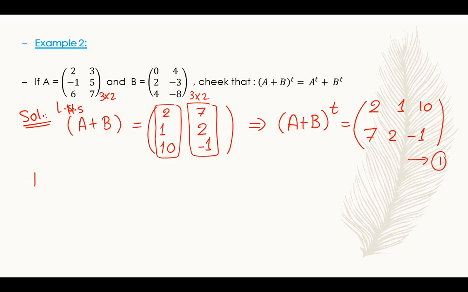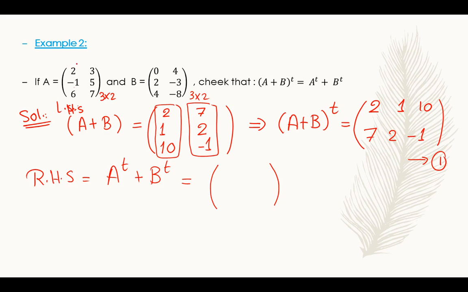Right hand side equals A transpose plus B transpose. So here we want to find A transpose, the transpose of the matrix A, plus the transpose of the matrix B. For A transpose, we are going to replace the columns by rows and rows by columns.